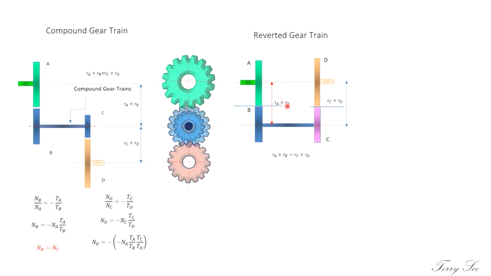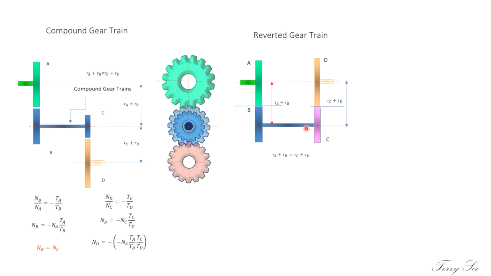So this distance here, RA, the pitch circle radius of gear A, plus the pitch circle radius of gear B, must be equal to the pitch circle radius of gear C plus the pitch circle radius of gear D. They are the same. That means the center to center distance must be the same.